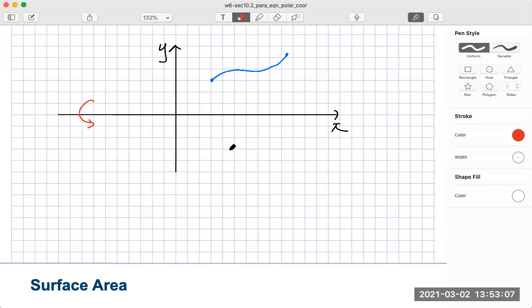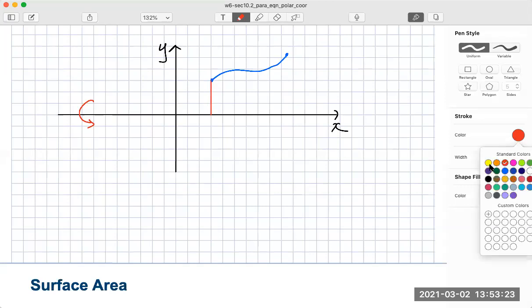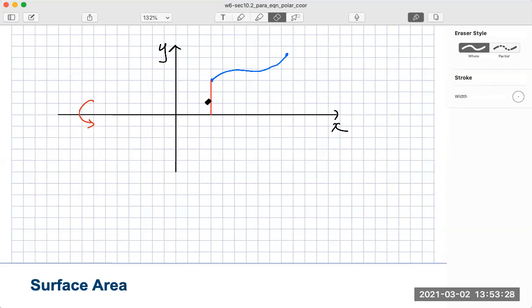When we rotate this about the x-axis, it will create a surface. And the question is, how can we compute that surface? And remember, when we rotate it, this point here will create a circle like this one.